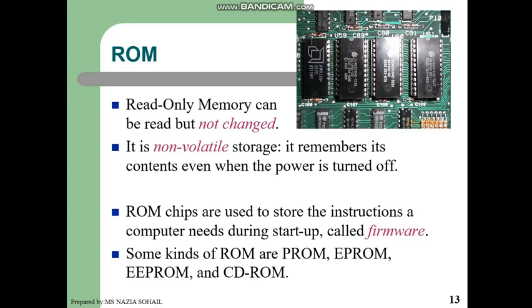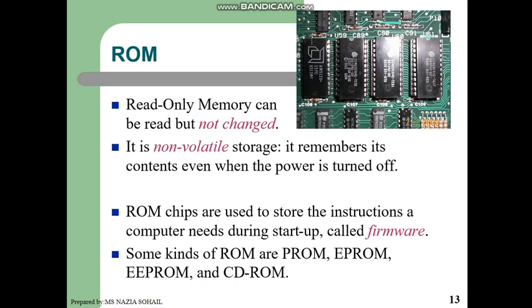And what is this category? This ROM is a type of primary memory. Basically we are studying two types of memory in your chapter, primary memory and secondary memory. In primary memory there are two types of memory, RAM and ROM.